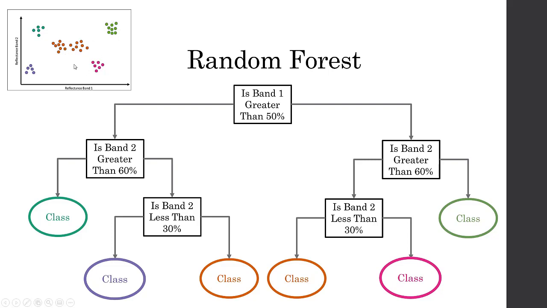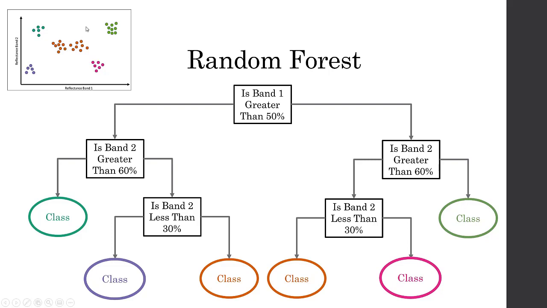We'll be down here. If we're greater than 60%, which is right here, and we draw a box, so this is greater than 50%, greater than 60%, all of a sudden all we have left are the green training pixels. So now we are the light green class, and this would be the class that if you get to it, you'd be voted as that class.